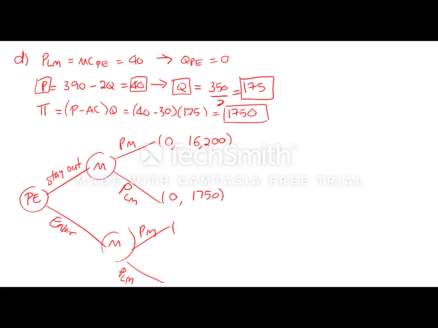If the entrant enters, the monopolist has to solve for its profit when it produces only 90 units, so it will be 3612.5.